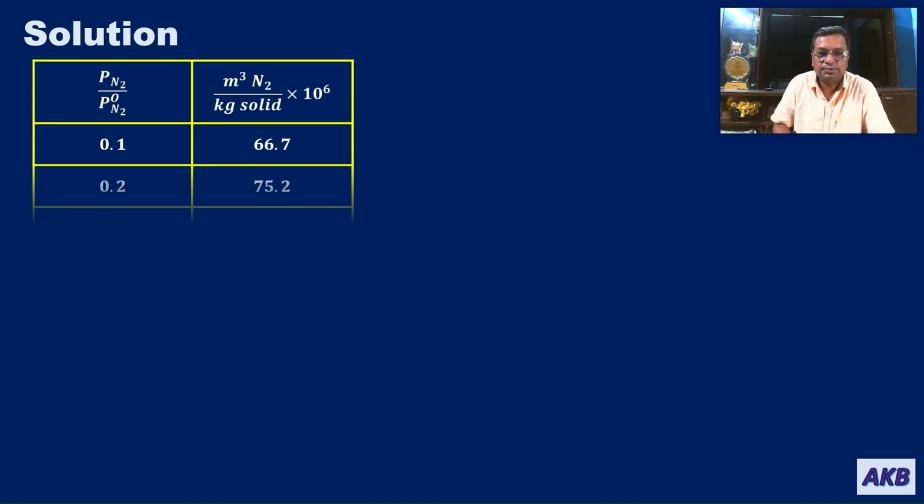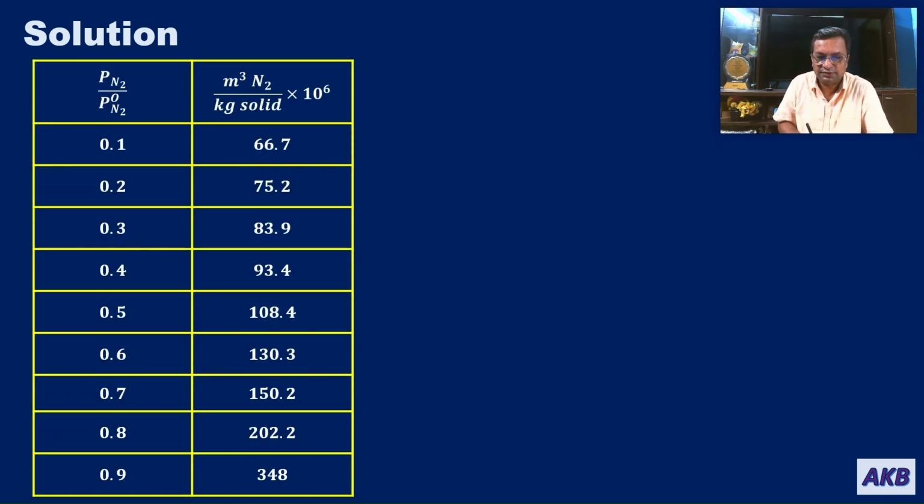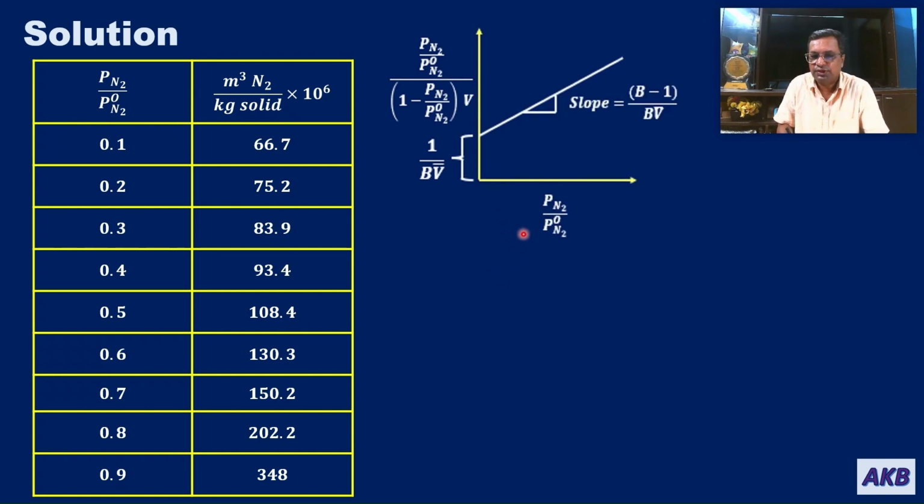Okay, so we have the equilibrium data that is given to us. So we have different values for Pn2 by Pn2 naught, and then corresponding values for meter cube N2 per kg of solid into 10 to the power 6. So values for this entire term are given to us, and we are going to plot this graph.